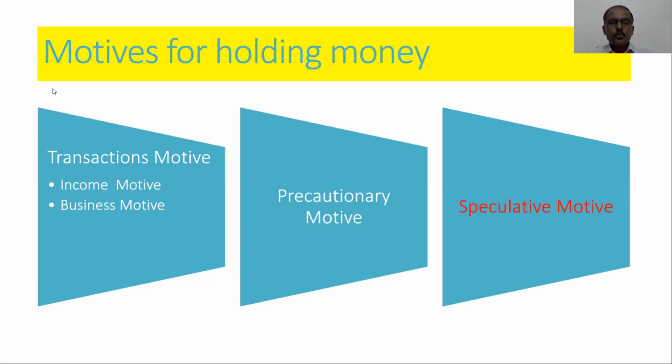And to do that, we possess money, we need money. So friends, it is very clear as far as the transaction motive is concerned, in order to meet our day-to-day requirements, we need to keep some cash at home. We need to keep some money in liquid form at home.